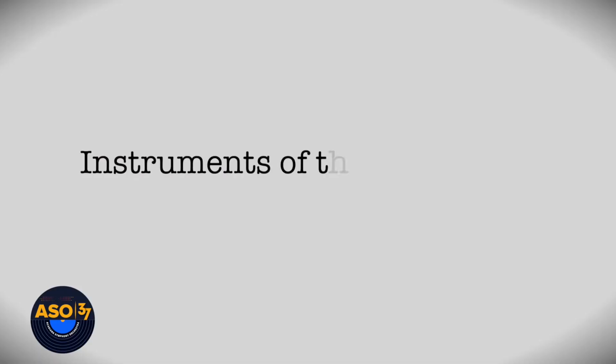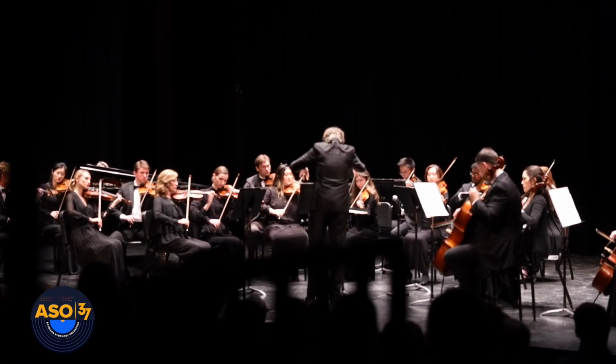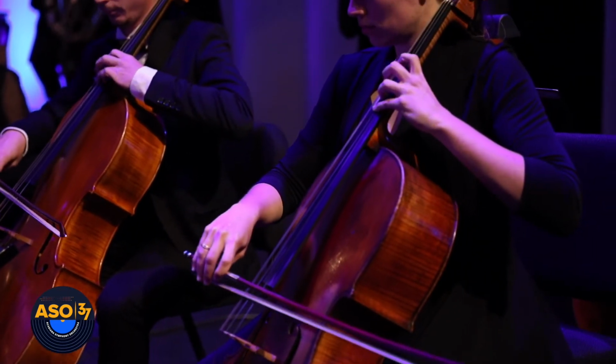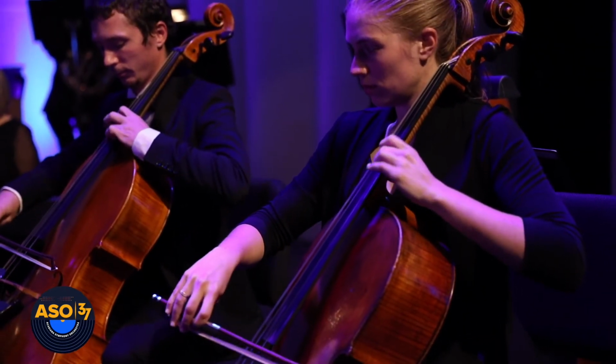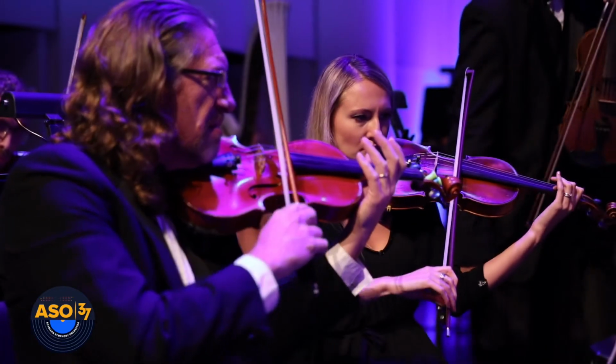Today I would like to talk about the many different instruments that make up the modern symphony orchestra. Because of the way they are built and played, they belong to three basic families. First is the family of string instruments, where you generate the sound by making the string vibrate, either by using your finger or a bow.